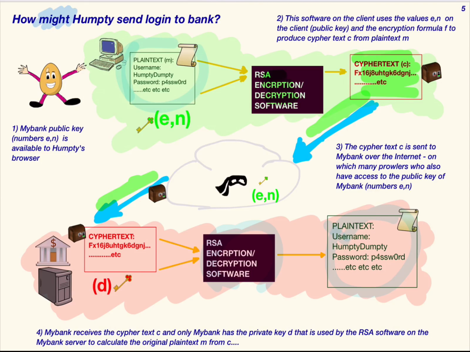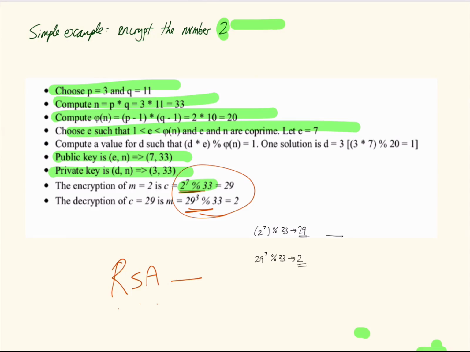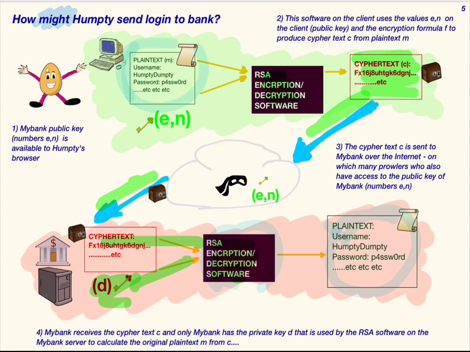And then the bank will take their private key, pass that ciphertext with the private key through the RSA decryption software. Remember, RSA is just this particular formula that we went through on the previous slide. And then, like magic, out comes Humpty's original sensitive document, right?